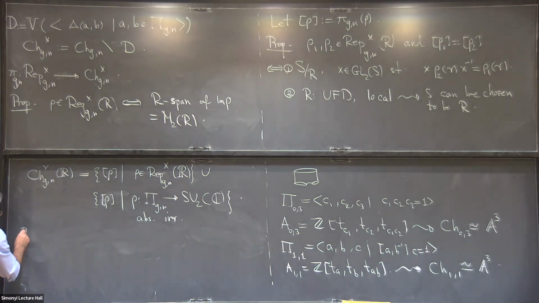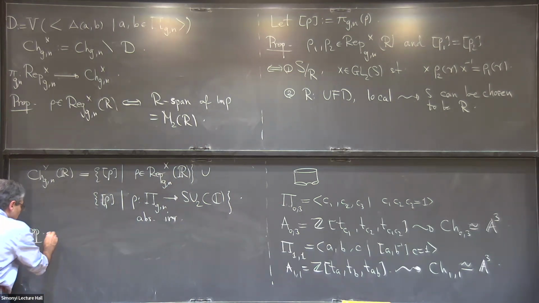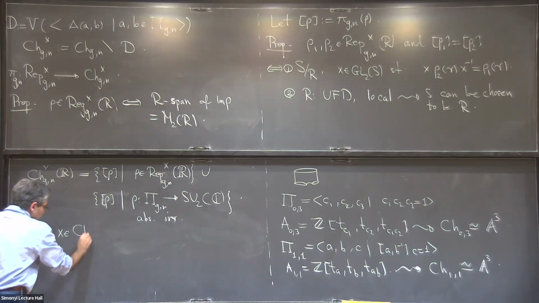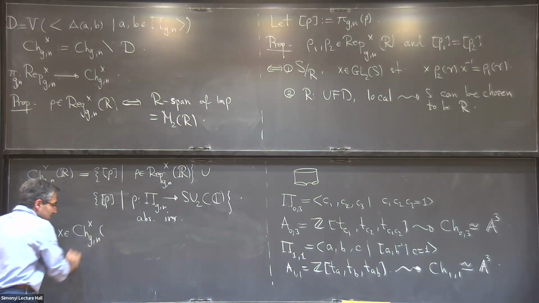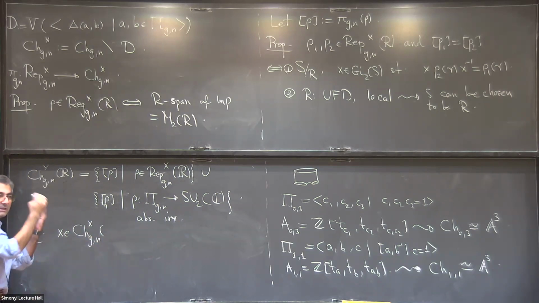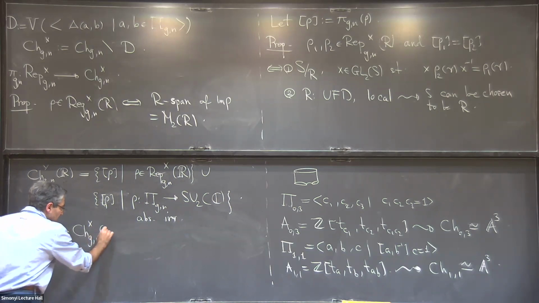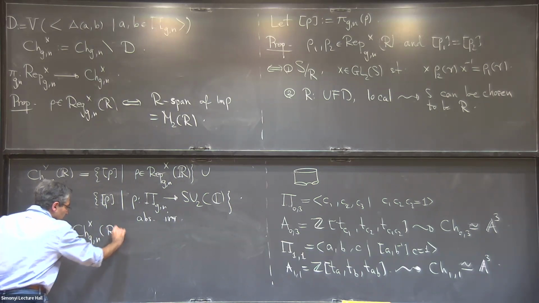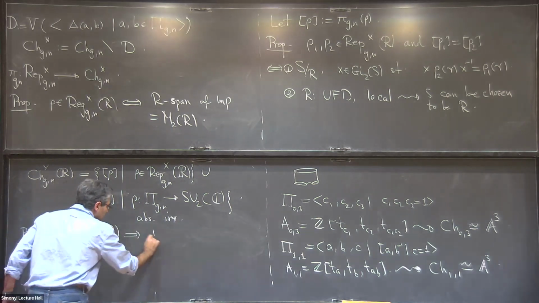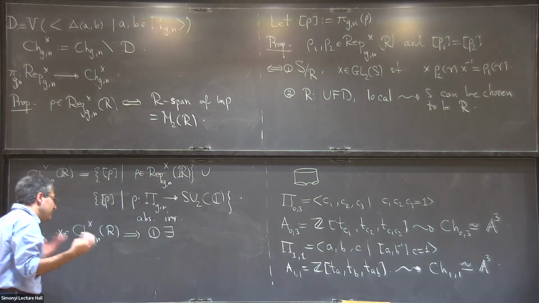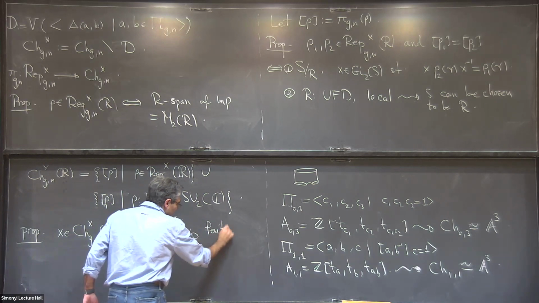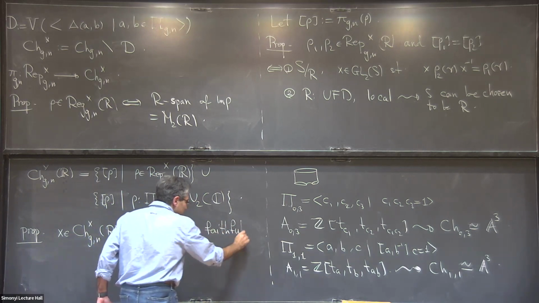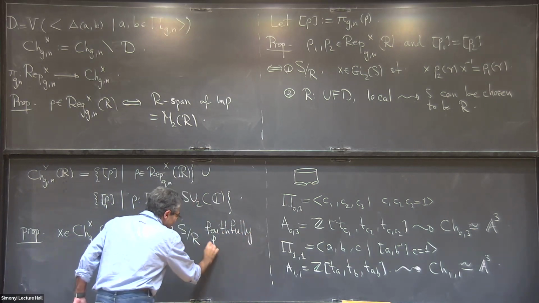And the result in general is kind of the same flavor: if I give you a point inside the character variety, not any point, it should be inside this guy, otherwise you cannot realize it. But if it is on this Zariski open part, for any ring R, then there exists a faithfully flat extension, rather nice, but not exactly.